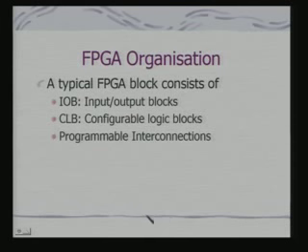What we call IOB, okay, that is input output blocks. Then you have got configurable logic blocks. Okay. These are the basic units to which your functions are mapped, and then you have got programmable interconnections.